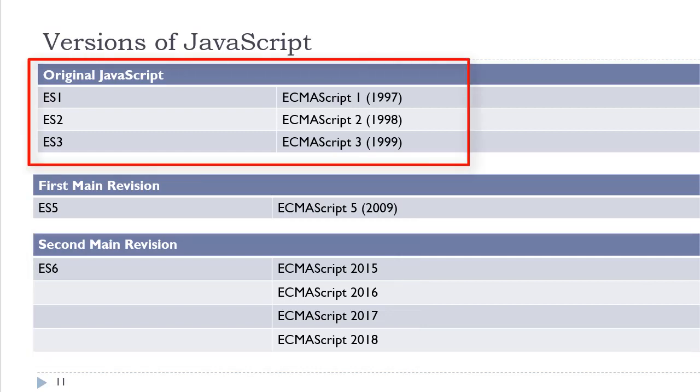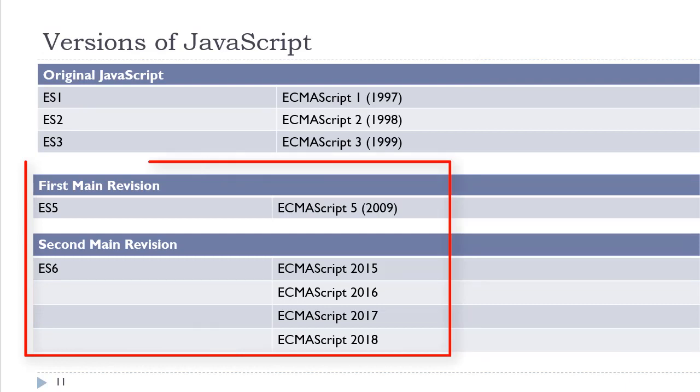So the original JavaScript language was based on what is called the browser object model. We still use those browser objects today, but at that point, the only way to interact with the page was using document.write.